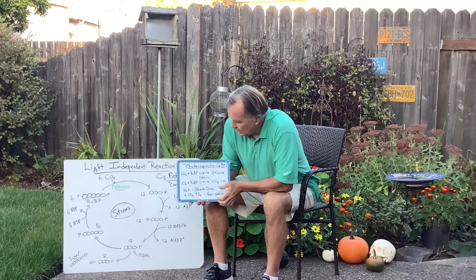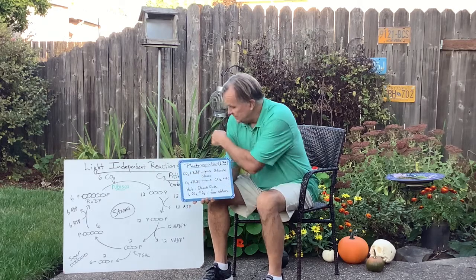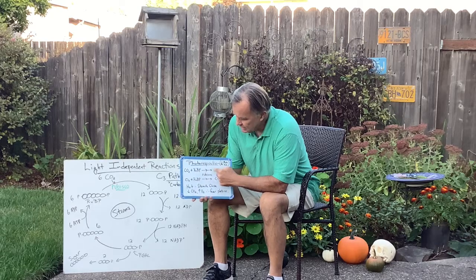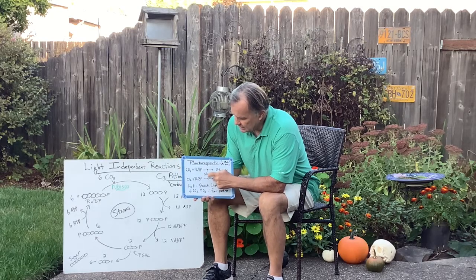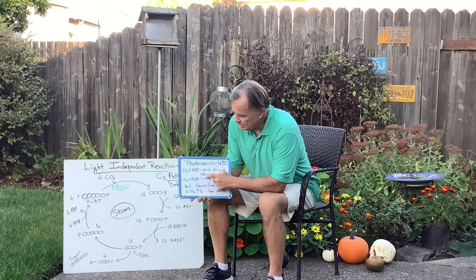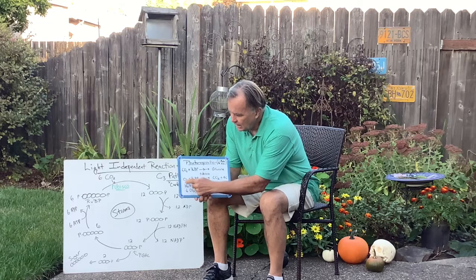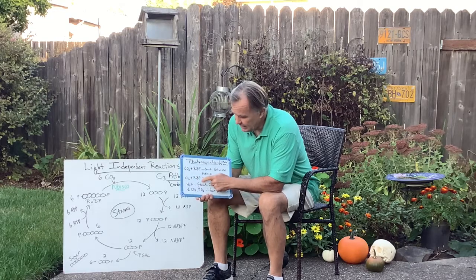So here's what happens during C3. You have CO2 with ribulose bisphosphate, and you make glucose. The key enzyme for fixation is Rubisco, as I mentioned before. But the problem with Rubisco is it also catalyzes another reaction. Generally, enzymes just do one reaction, but this one also catalyzes oxygen with ribulose bisphosphate.